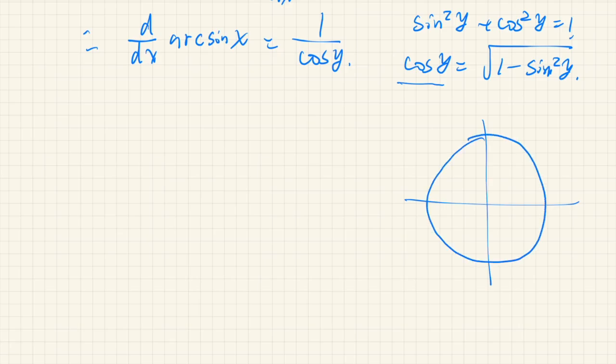So the unit circle: any point on the unit circle, the x coordinate gives cosine theta, and the y coordinate gives sine theta.